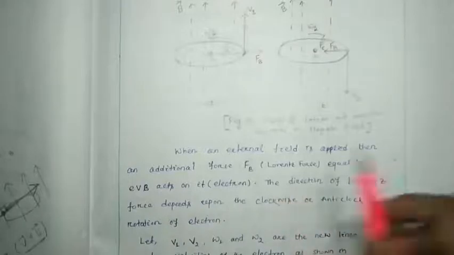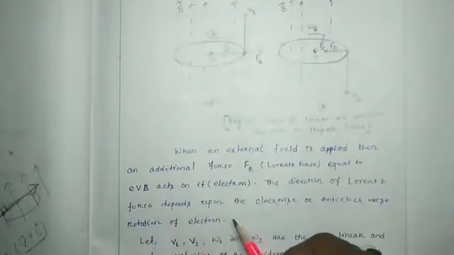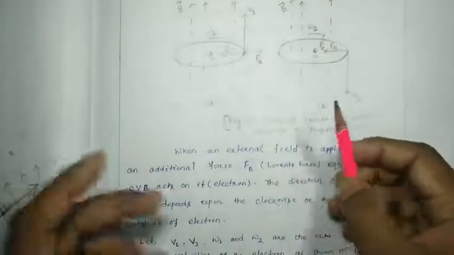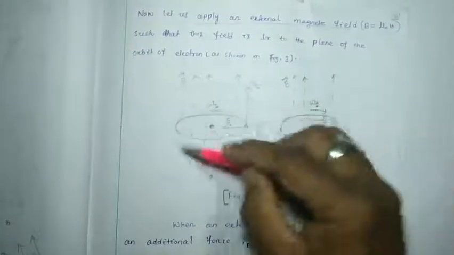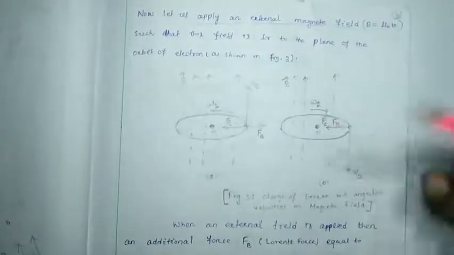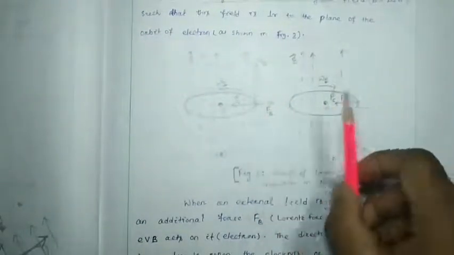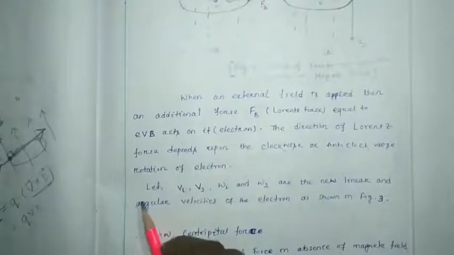The direction of the Lorentz force depends on the clockwise and anti-clockwise rotation of the electron. Clockwise means the velocity direction of the electron is this side, anti-clockwise means the velocity direction is this side. So the magnetic force on these two electrons depends upon the direction of motion, clockwise or anti-clockwise.